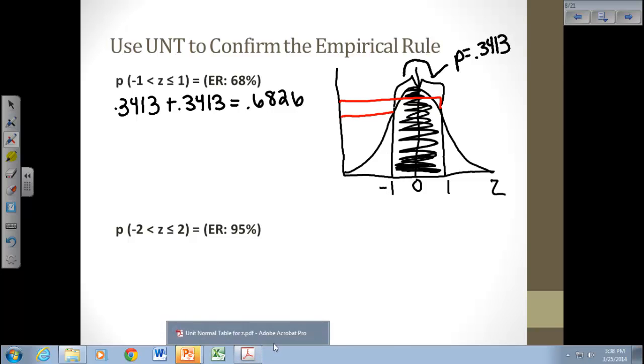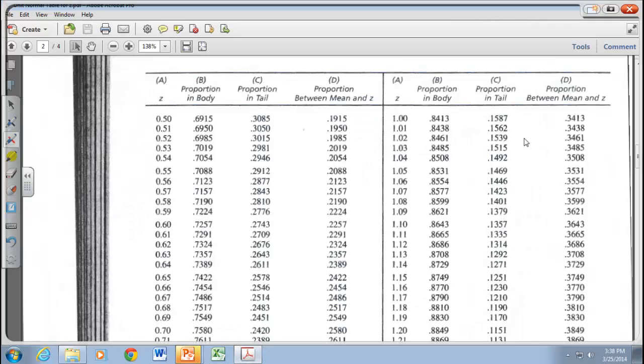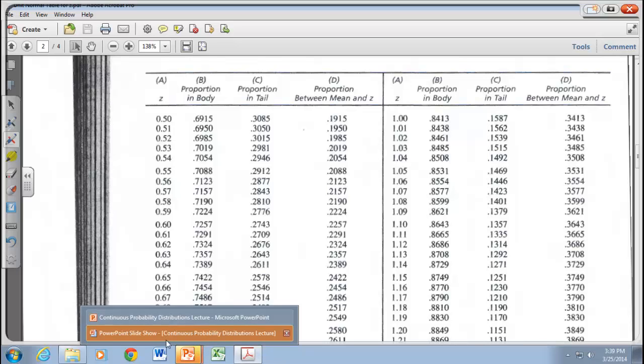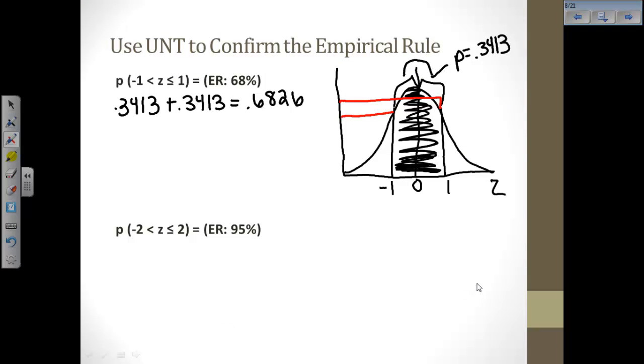So if we go and look at the table, we'll see that the proportion in the body is 0.8413, and the proportion in the tail is 0.1587. So let's go back to our picture here. And this would represent 0.8413, and then the 0.1587.